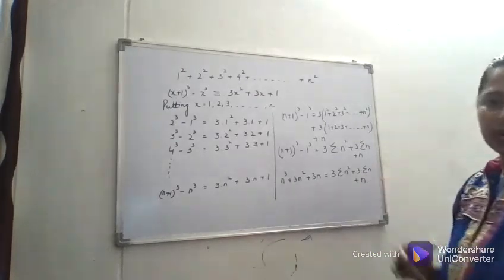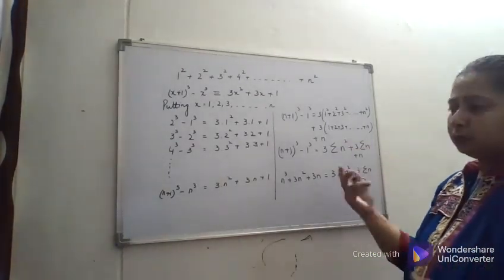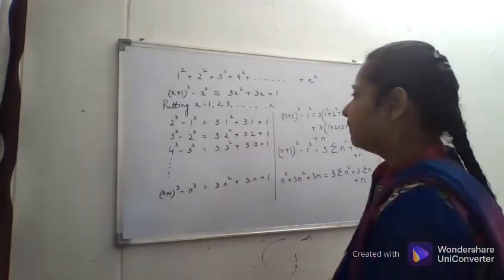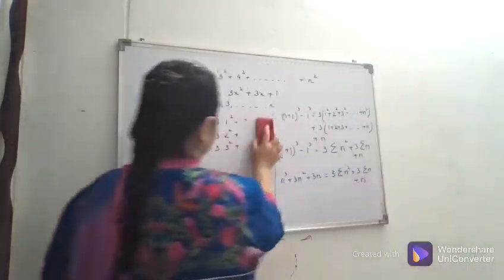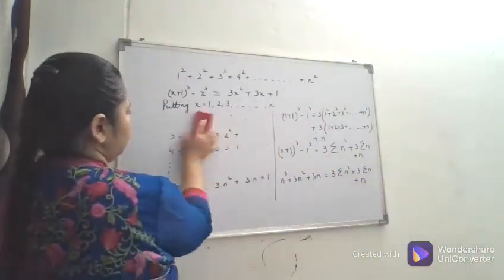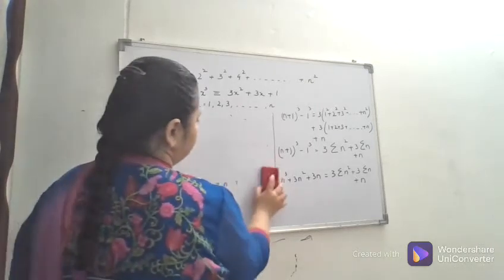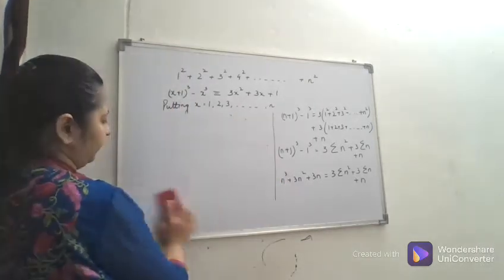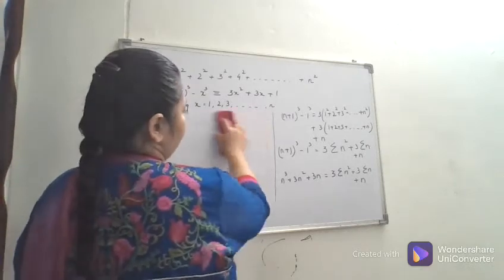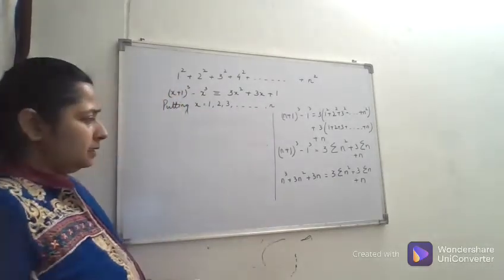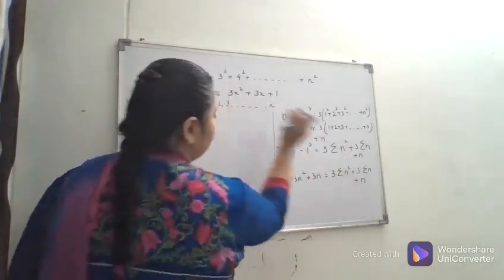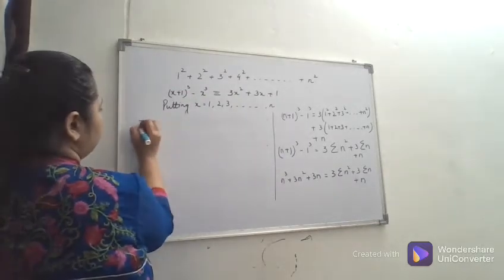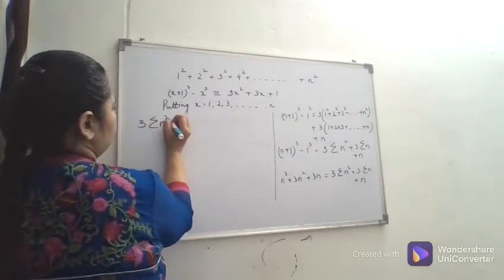Now equating them, what are we going to get? Let's find it out here. I am just erasing it so that it is easy for you to understand. Now when we add them up, we get 3 sigma n square.